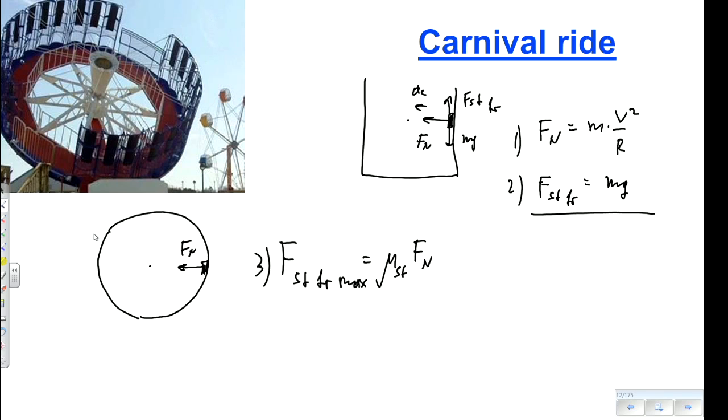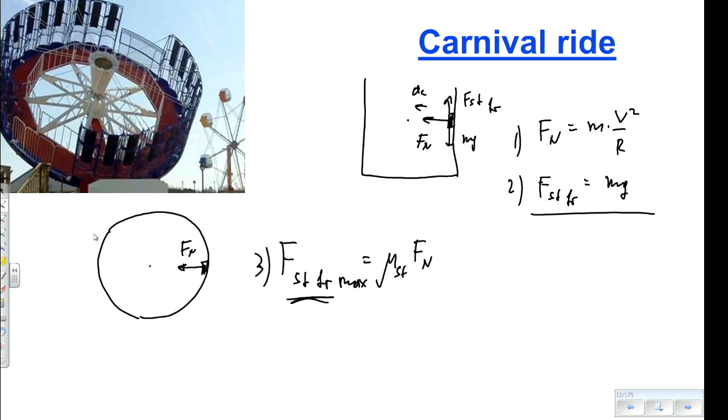So the normal force is larger when we spin it fast. See, speed squared. And when the normal force is large, that means this maximum value of static friction is large. That means actual value of static friction has a large limit, so it can cancel gravity.